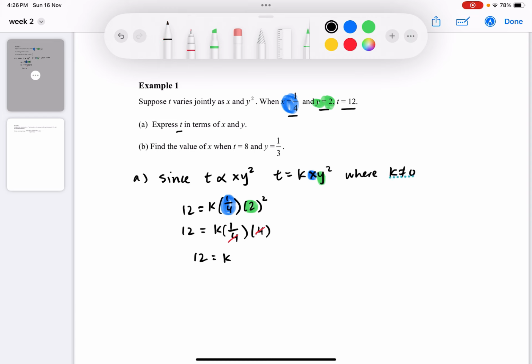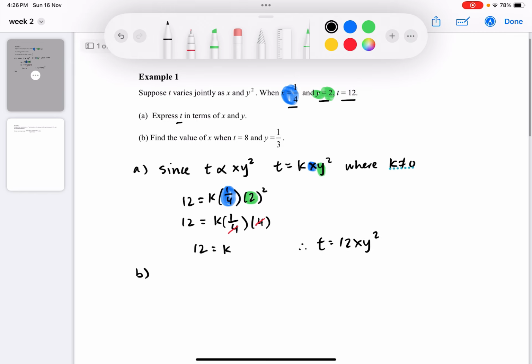So that would be A: t equals 12xy squared. And for B, find the value of x when t is 8 and y is 1/3.